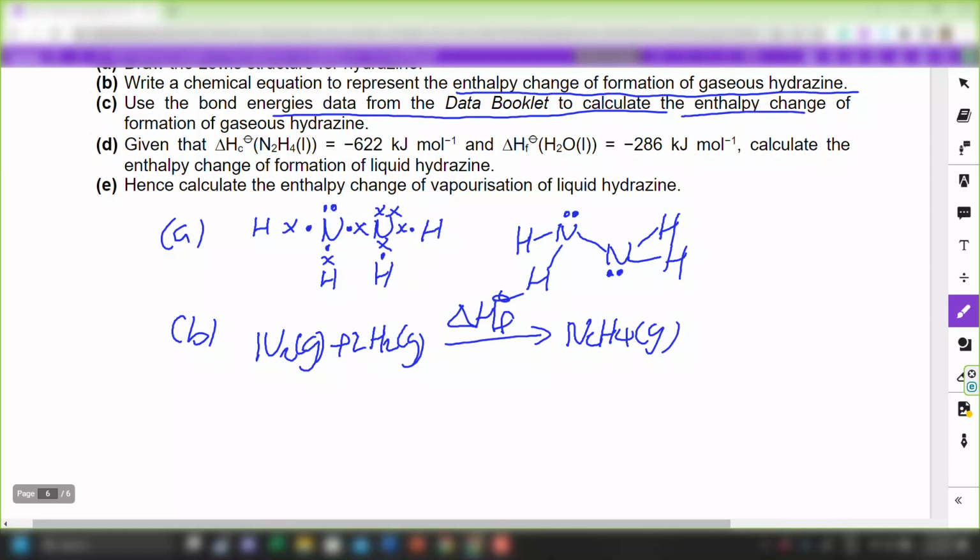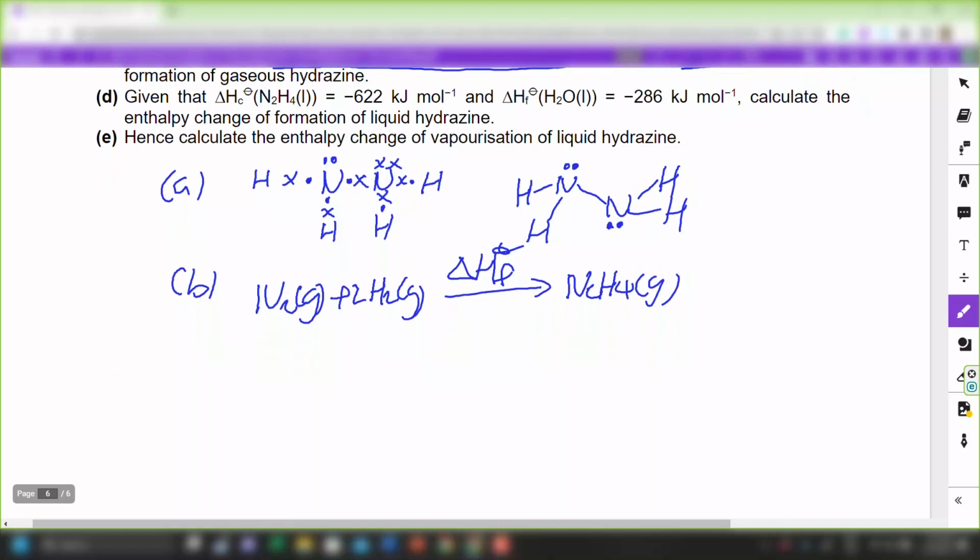So I'll need the bond energy data. If I wish to, I can create a cycle based on this, so that we apply what we have learned. So I'm going to look up the bond energy data. For nitrogen, it's 944 kilojoules per mole for the triple bond. So I'm going to get 2N gaseous plus 2H2 gaseous, and for hydrogen, that's 436, so that's 2 times 436.